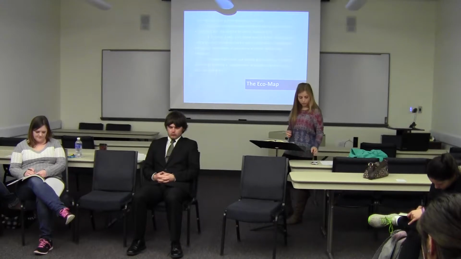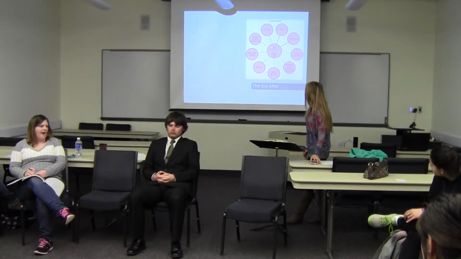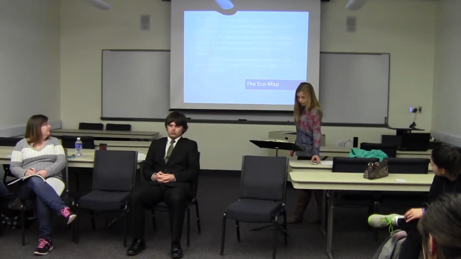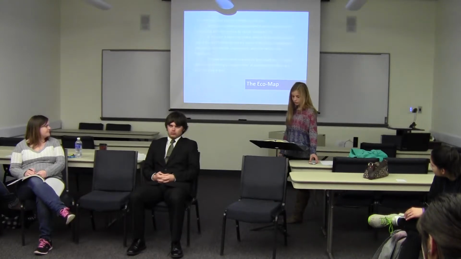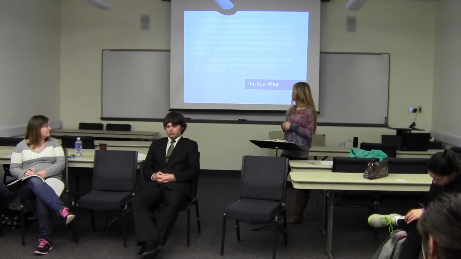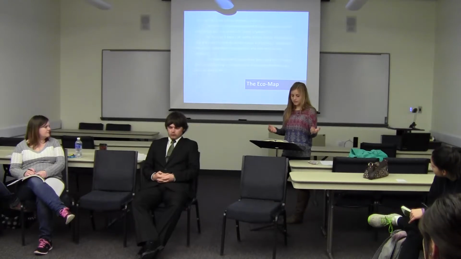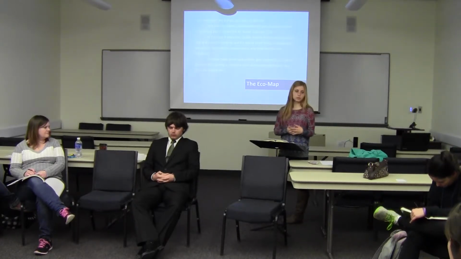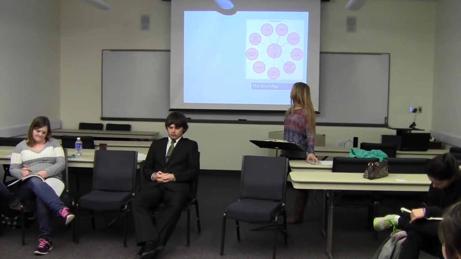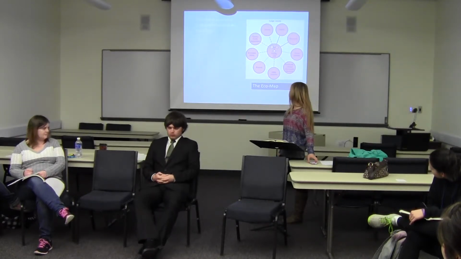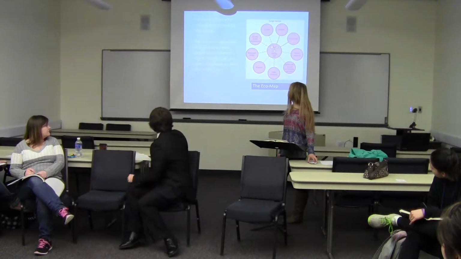And so examples of when this is used are marriage and family counseling, adoption, and foster care home studies. And so this map helps clients and workers gain insight into the client's problems by providing a snapshot view of important interactions at a particular point in time. And so here's a picture of what a typical eco map would look like.